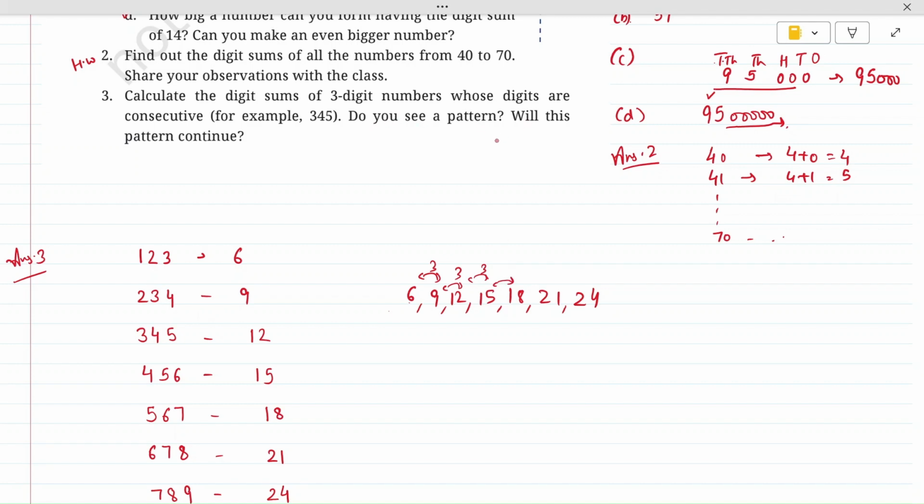Do you see a pattern? Yes, I will write here: yes, there is a pattern.